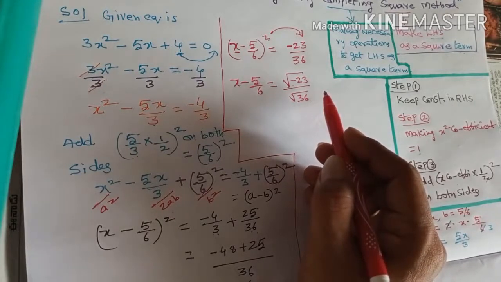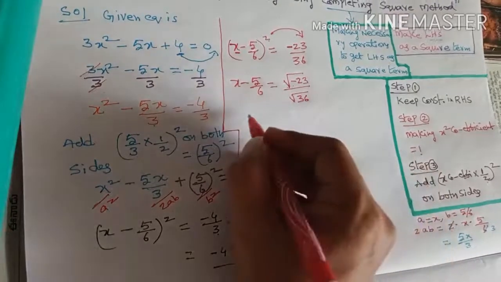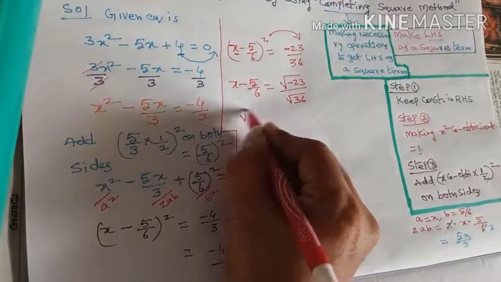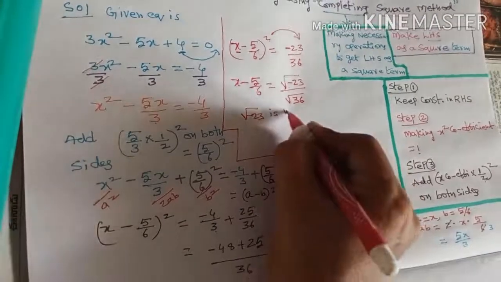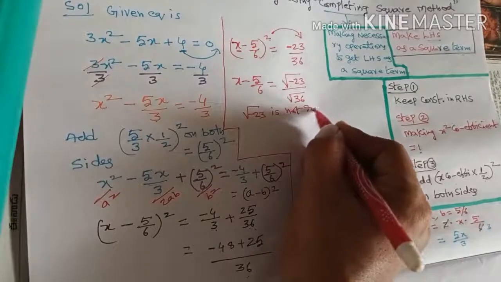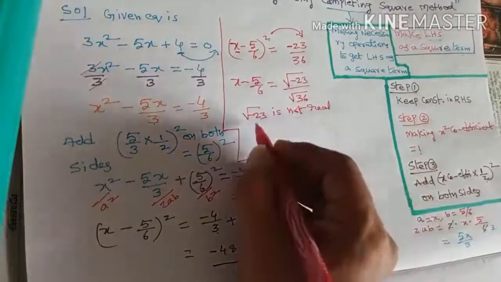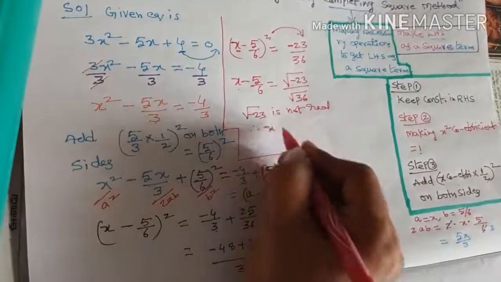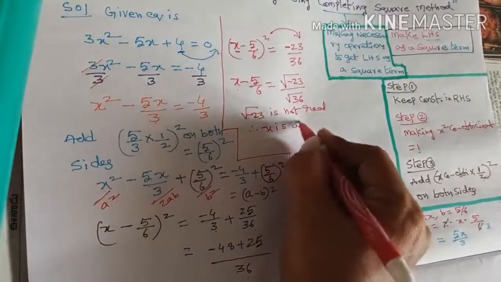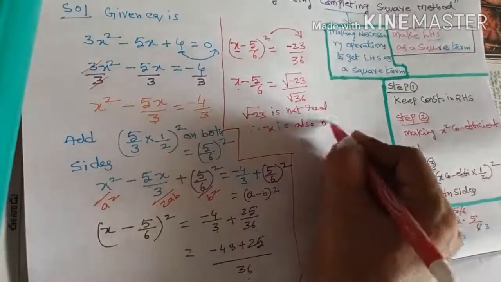Here the x value is imaginary. Therefore, root minus 23 is not real, the x value depends on this one, so x is also not real.